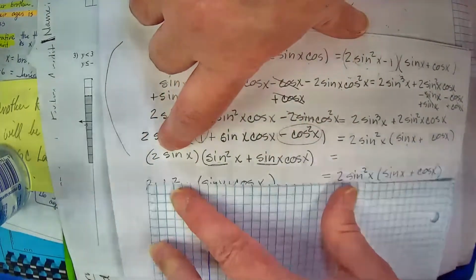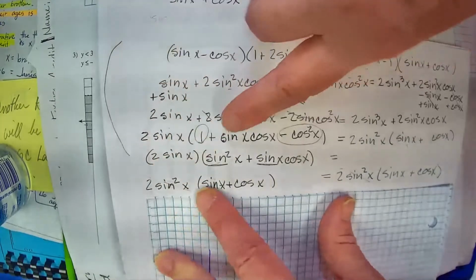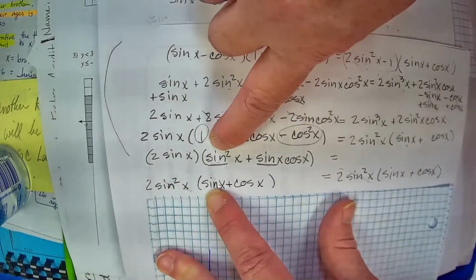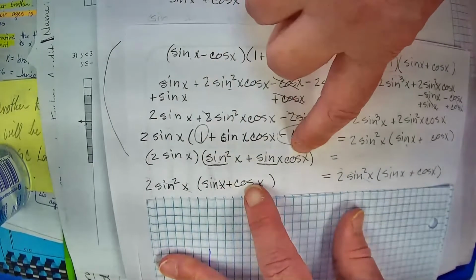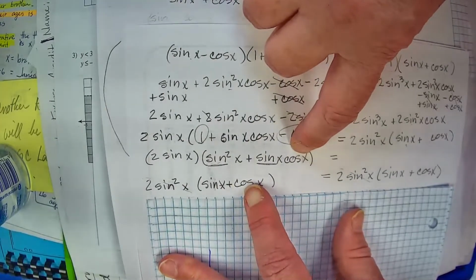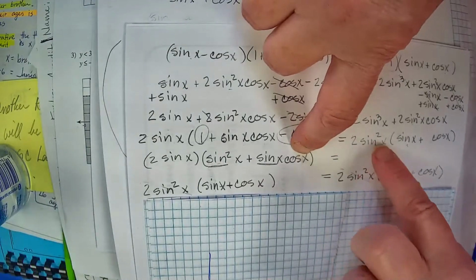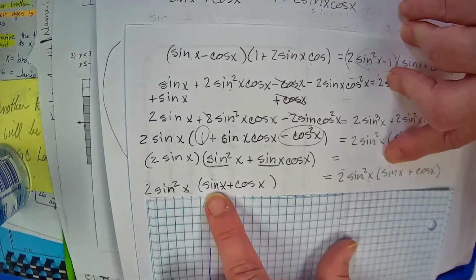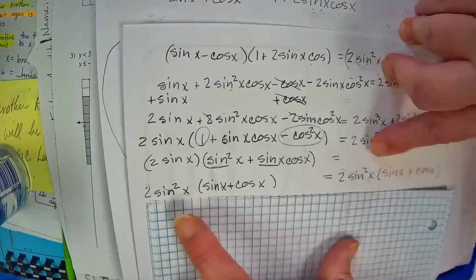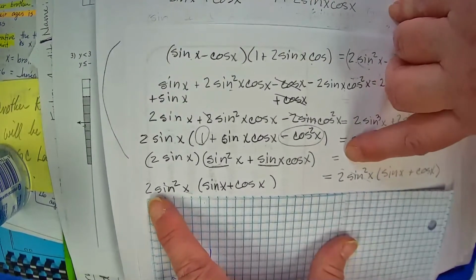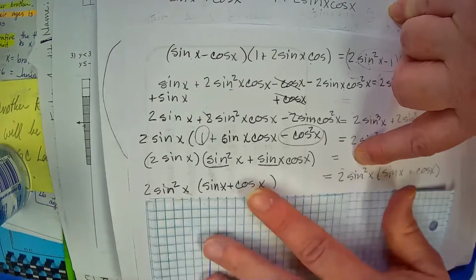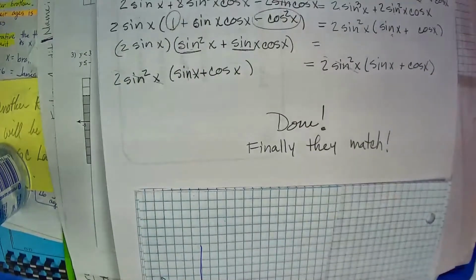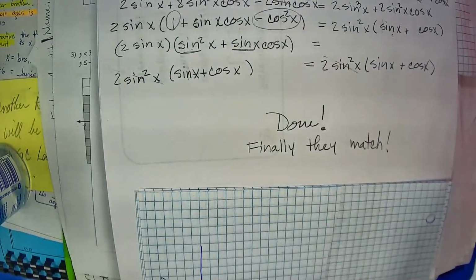So this becomes 2 sine squared x. I'm left with 1 sine here when I pulled another sine out, and just the cosine here. So this one just came down. We didn't change anything. And looky there, we've got sine x plus cosine x. And then our GCF on both sides was 2 sine squared x. So we're done. That one was a little messy.